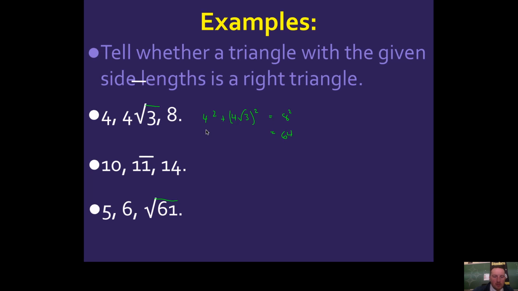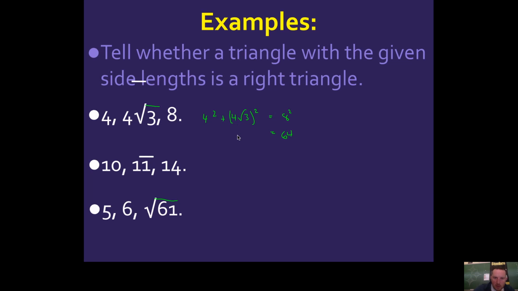Well, I know 8 squared is 64. I know 4 squared is 16. But what about this guy? What is 4 square roots of 3? Also, if you have trouble typing all of that in as one expression, you can type it in as just individual pieces. You could type in 4 square roots of 3, hit enter, and then square it from there. That might be easier.